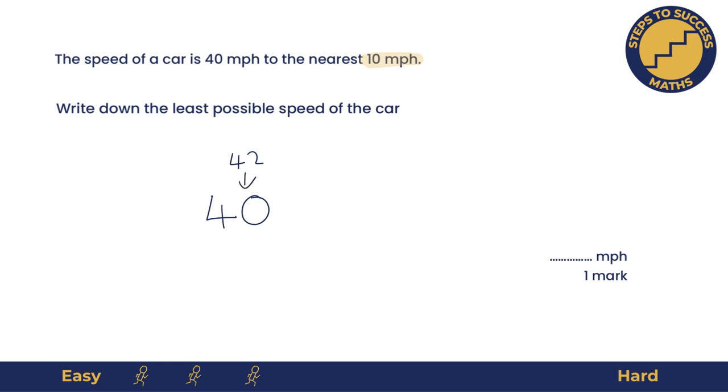So what about 38? That would round to 40. 37, 36, 35 rounds to 40, but 34 rounds down. So the smallest number that rounds to 40 to the nearest 10 is 35. So our answer is 35 miles per hour.